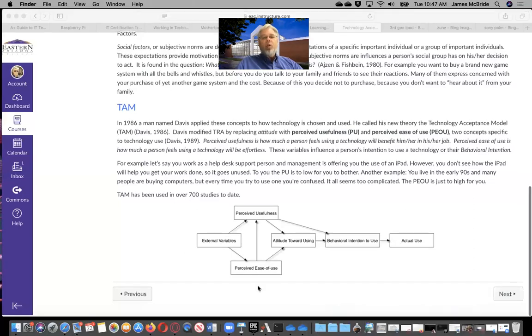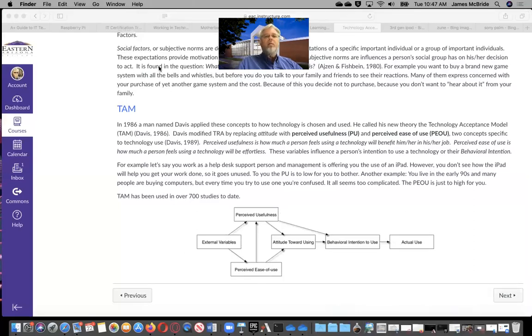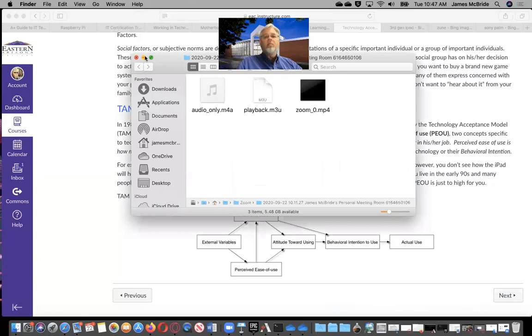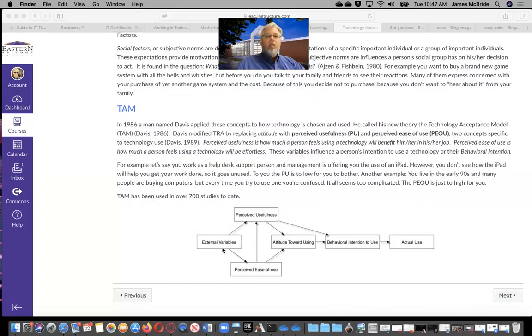So this is the chart, right? That's my thing that just got done from my other video. You've got your external variables, the outside influences, we'll get to that later, that affect whether or not you think it is useful or easy to use. Just as an example, that's seeing somebody use it, and they go, oh, this is so useful, and it's not too bad to learn, right?